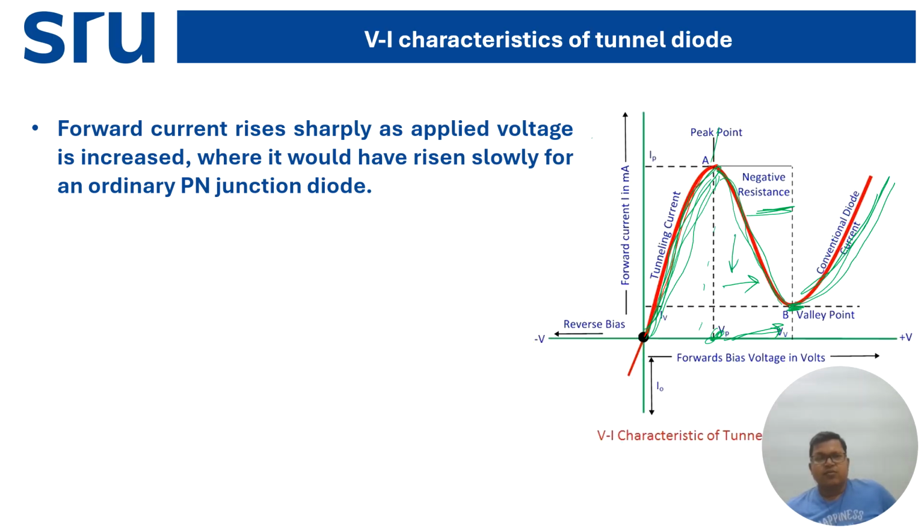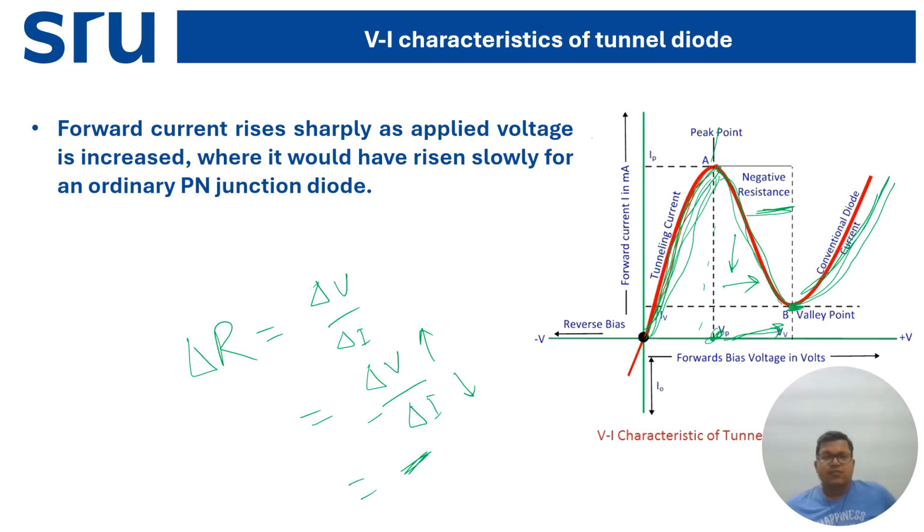That means if you want to see the value of R, which is, let's say, delta V by delta I, so that will become delta V by minus delta I, because delta V is increasing, delta I is decreasing, and finally it becomes a negative term, right? So it becomes a negative term. That's why the name came as the negative resistance region.